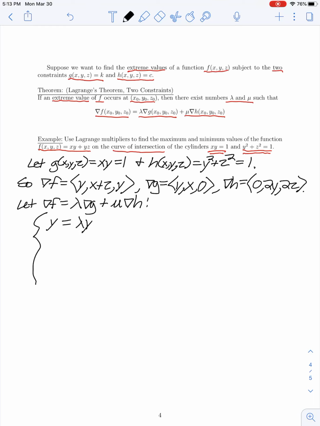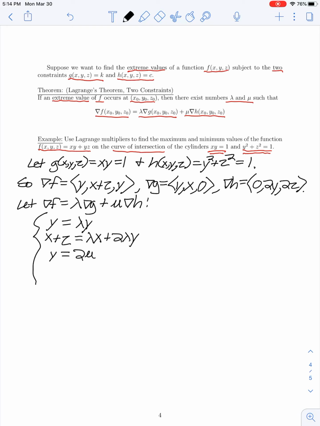Looking at our first components, we would have y is equal to lambda times y plus 0. Equating the second components, we would have x plus z is equal to lambda times x plus 2 lambda times y.